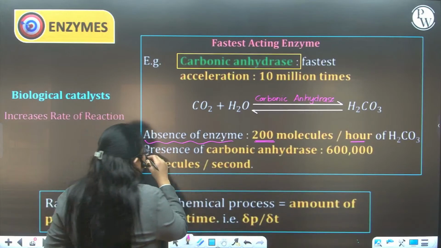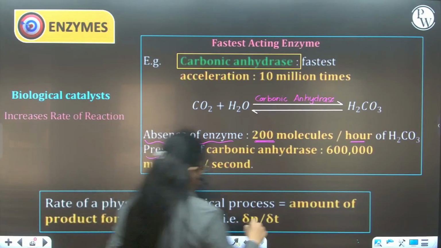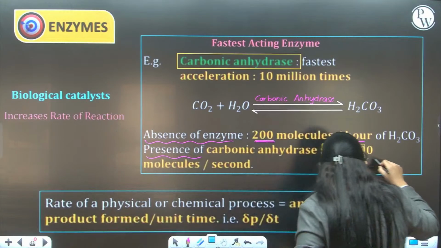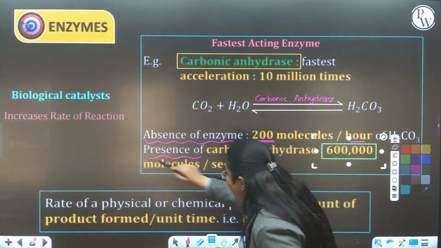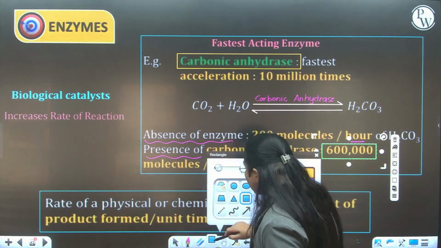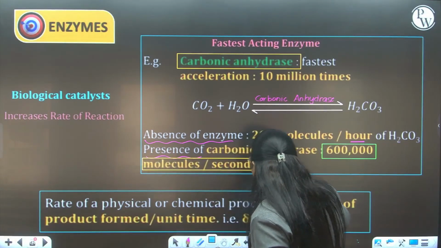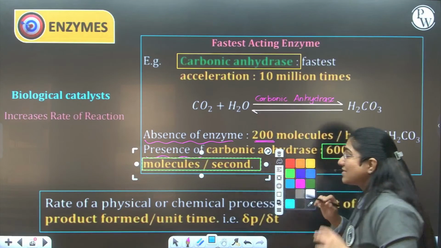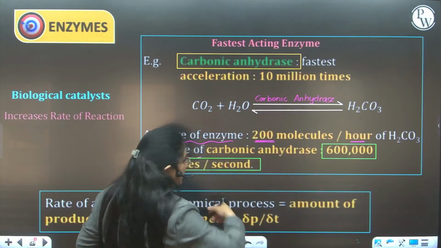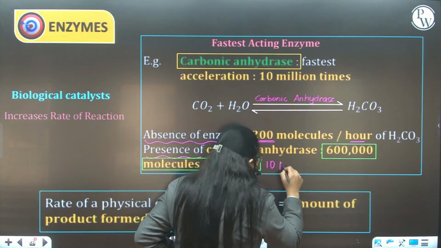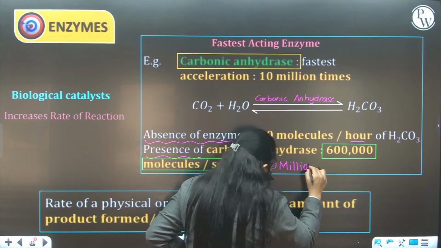However, in the presence of carbonic anhydrase, it is mind-boggling that 600 molecules are converted in 1 second. 600 molecules in 1 second. It is unimaginable. It increases the speed by 10 million times.